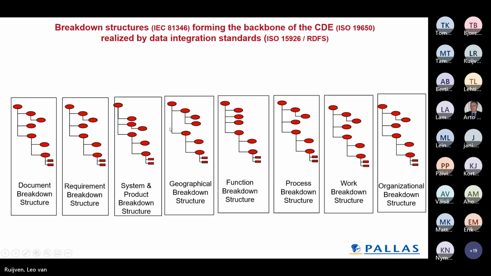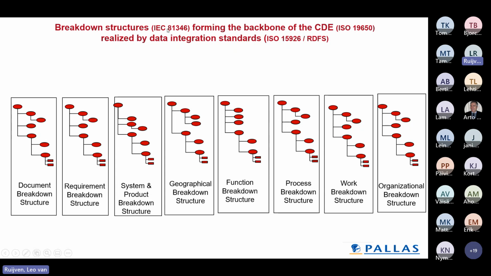The background of the common data environment is formed by breakdown structures. You need a structure to relate all the data to. We have recognized eight main structures, like the document breakdown, the requirement breakdown, the system breakdown, etc., which again form the basis of the common data environment.